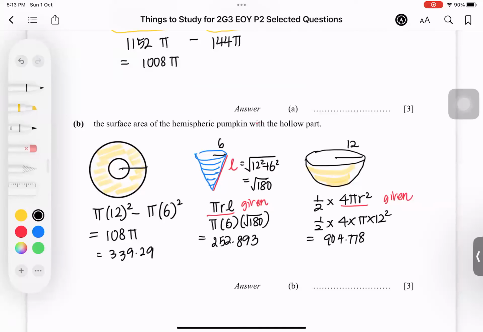So I will find the total surface area. I add up all the different individual components. When you cut things out, you have more surface area, so don't always minus. Certain parts are adding in. So your total surface area will be 339.29 plus everything together to give you the answer.